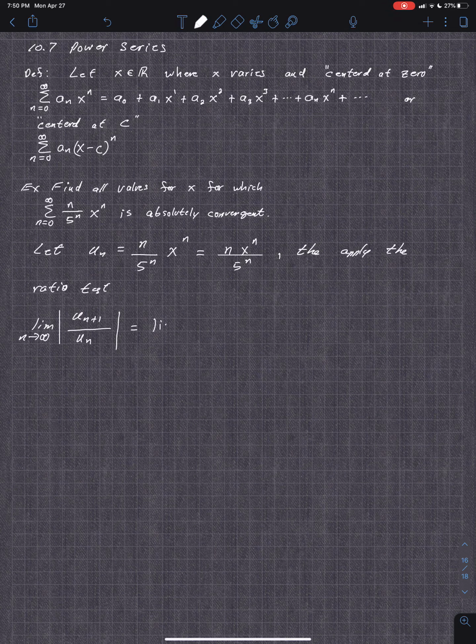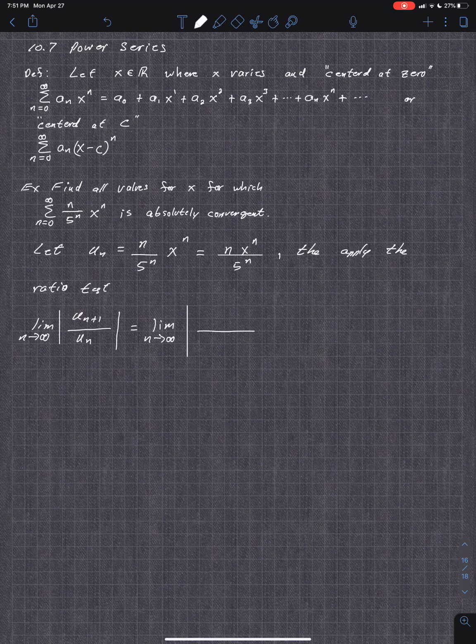So that's the limit as n approaches infinity of the absolute value. And so we're going to be substituting in n plus 1, and n plus 1, and n plus 1. And then this will remain the same. And we divide them, so we will invert and multiply. Save a couple steps there.